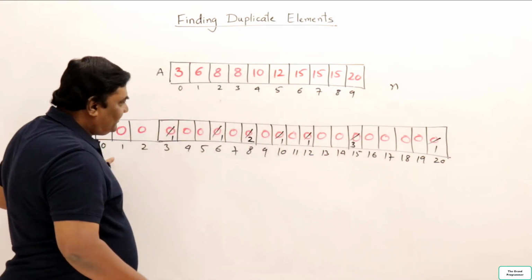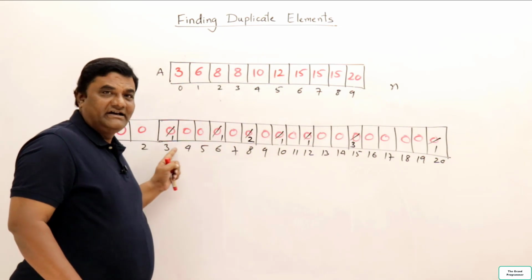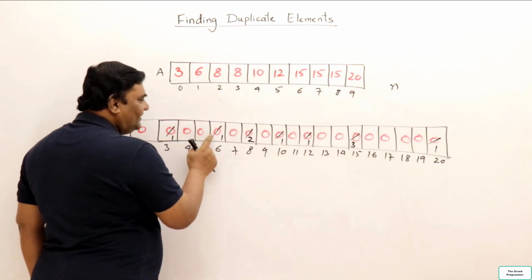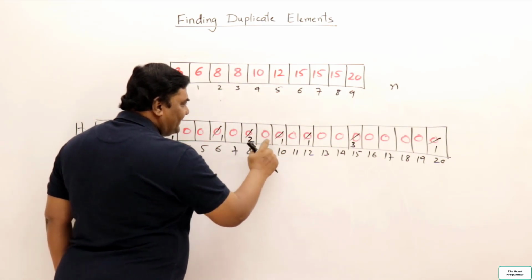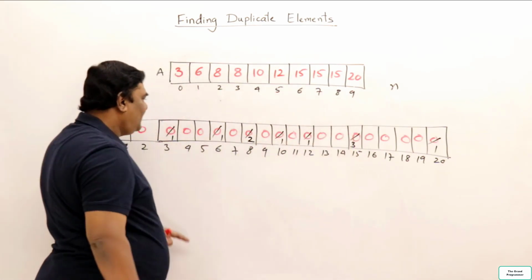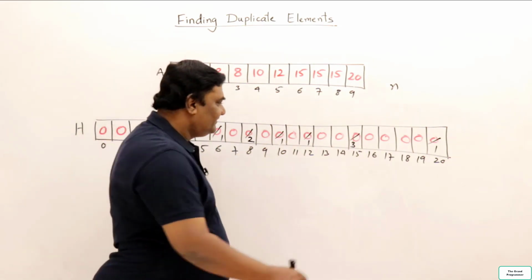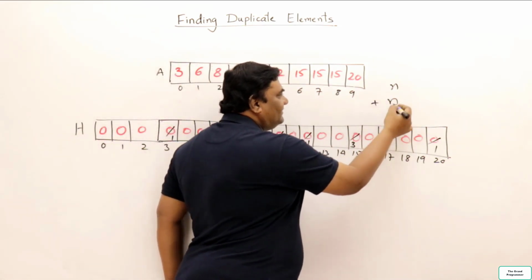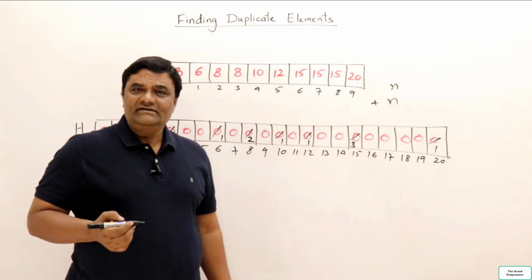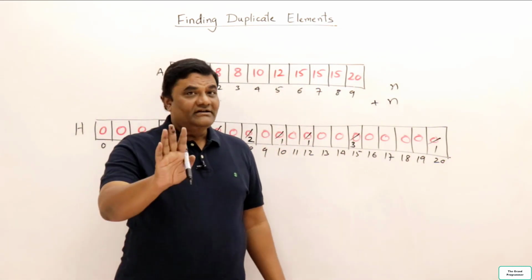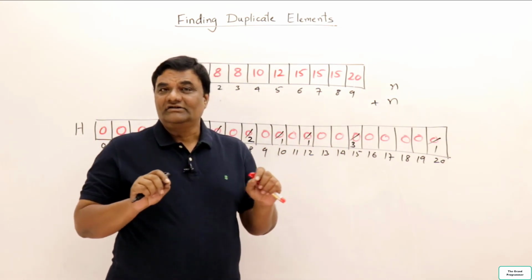Then next, what have we done? We have to find out what the duplicate elements are from this hash table. So we can scan through this one. This is not there, not there. This is one time, okay, one time. This is 2 times. Then this is 3 times. So I have to scan through this array also. How much time does it take? Plus n. How is it n? See, there are only 10 elements. These are 21 elements. So 10 means here not count.